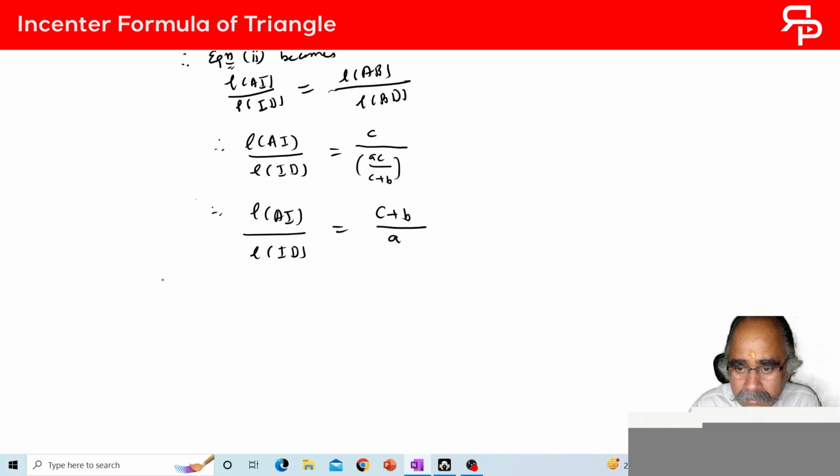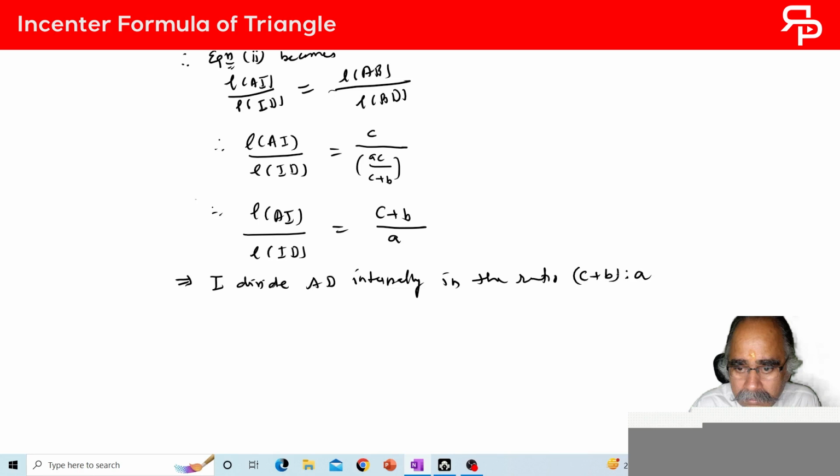So this implies I divides AD internally in the ratio C plus B is to A. So this is our third requirement.